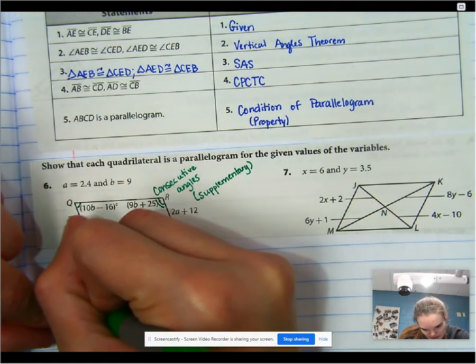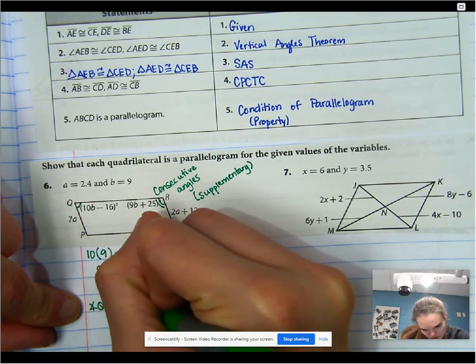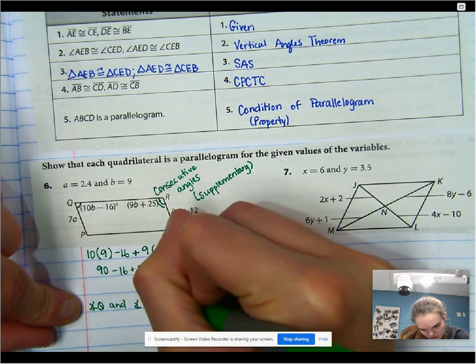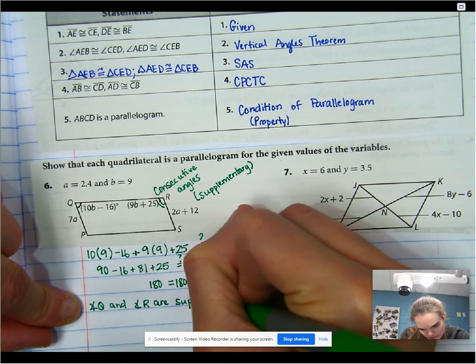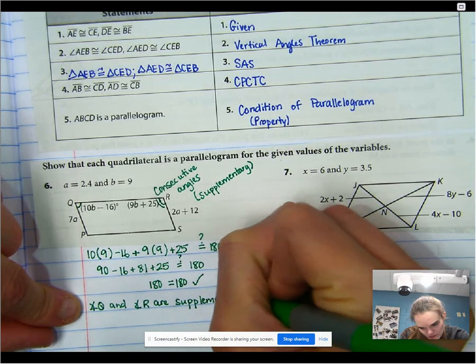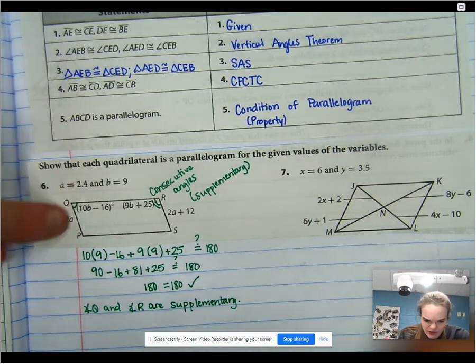So angle Q and angle R are supplementary. So we got that part. That helps. Now let's talk about the opposite sides. So they should be equal.